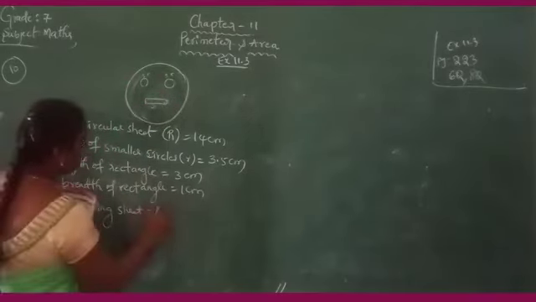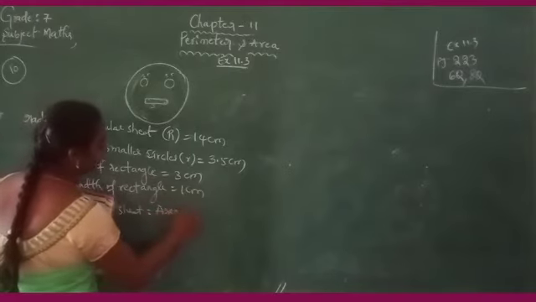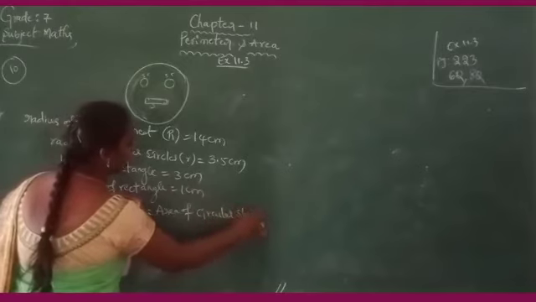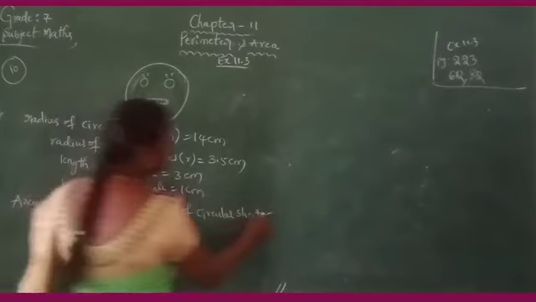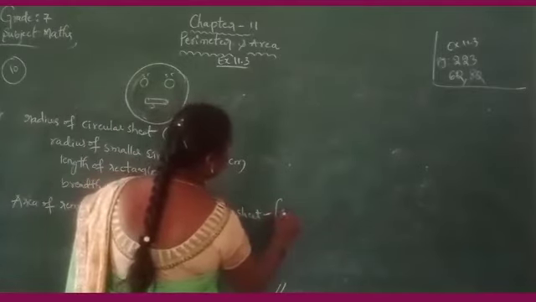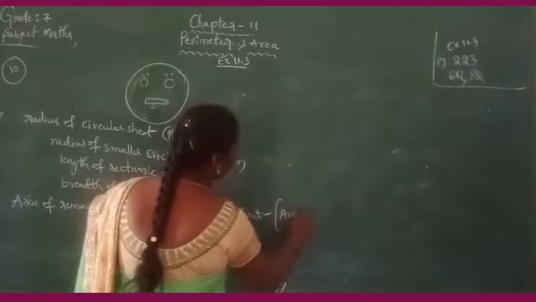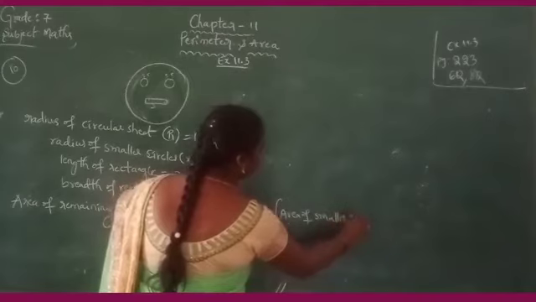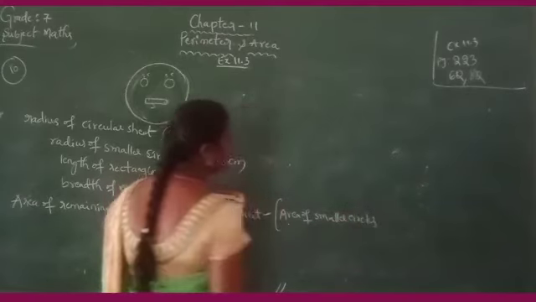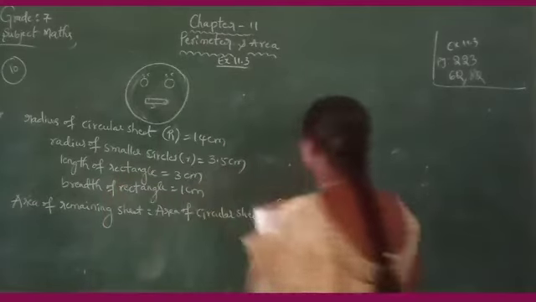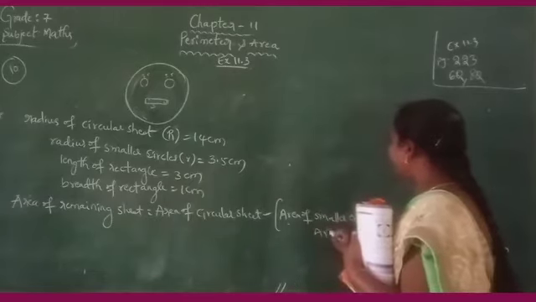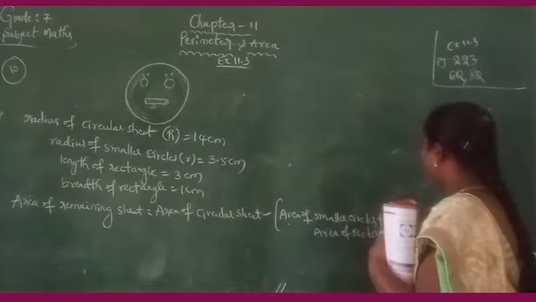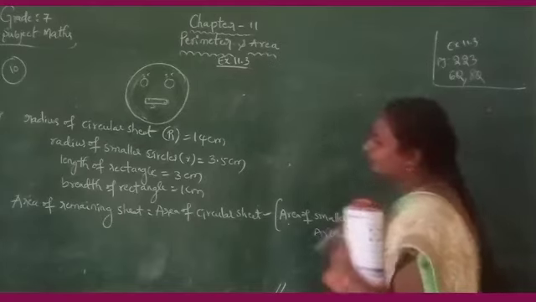So how to find it? The area of the circular sheet minus the sum of the area of the smaller circles, there are 2 circles, plus the area of the rectangle.